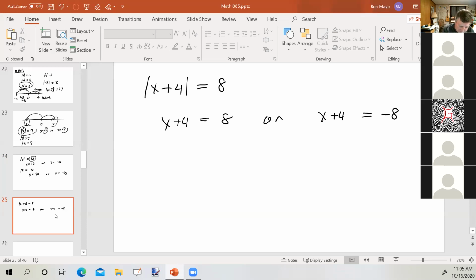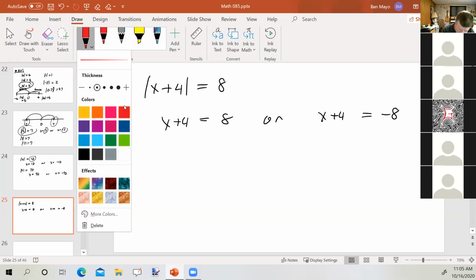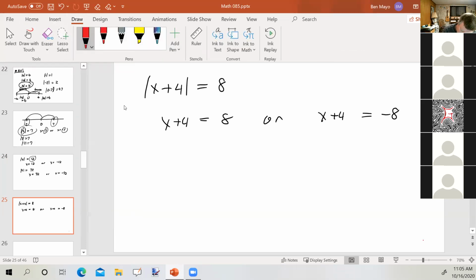Think about this, okay? If that quantity equals 8, what would its absolute value be? 8.